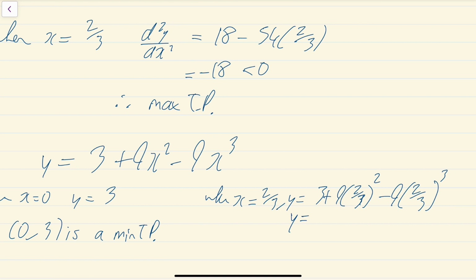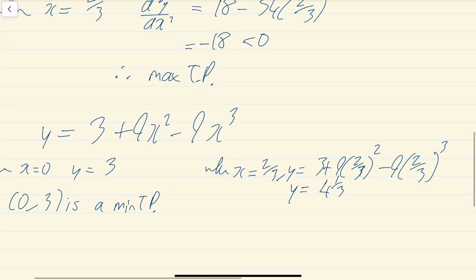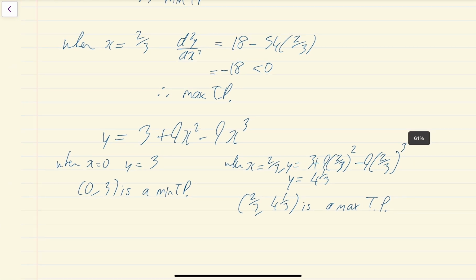Okay, and I got 13/3, which is 4 1/3. Just check that. I've rushed through that there, so just check that's right. So then that means 2/3 and 4 1/3 is a maximum turning point. And there we go.